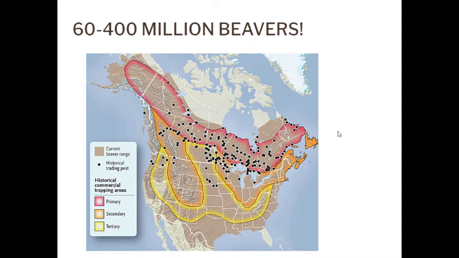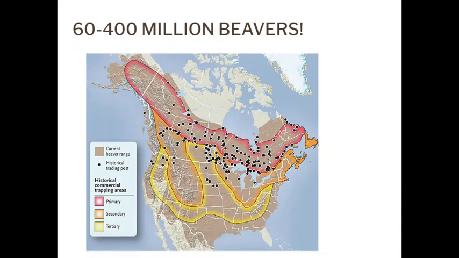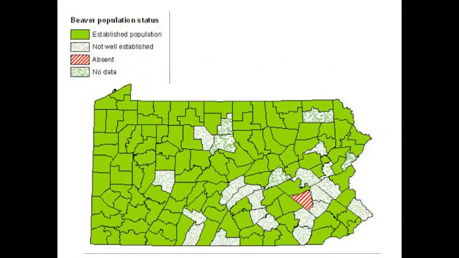And you can see how concentrated trading posts were across North America, of course many of them in Canada, but really all over North America, beavers were trapped and traded. However, they've made a huge comeback.